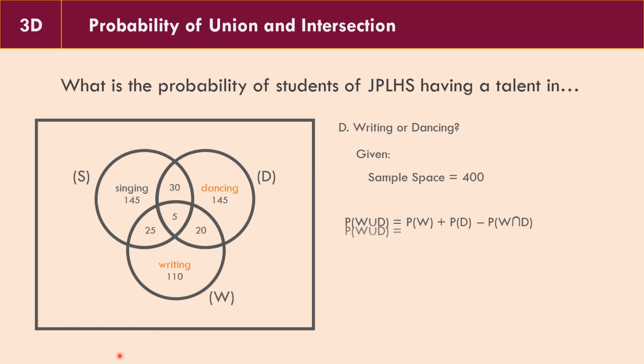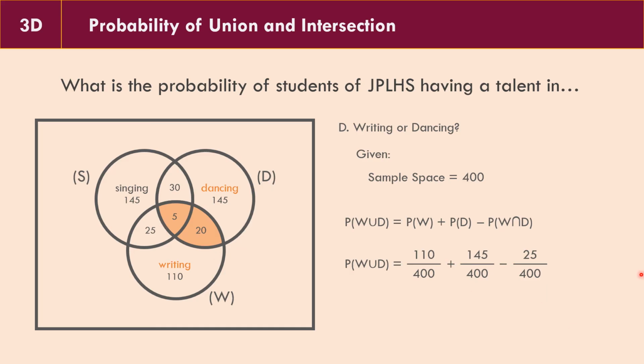The probability of writing is equal to 110 all over the total number of possible outcomes, that is 400. Plus the probability of dancing, that is equal to 145 all over 400. Minus the intersection of writing and then dancing, that is equal to 5 plus 20, that is 25 over 400.